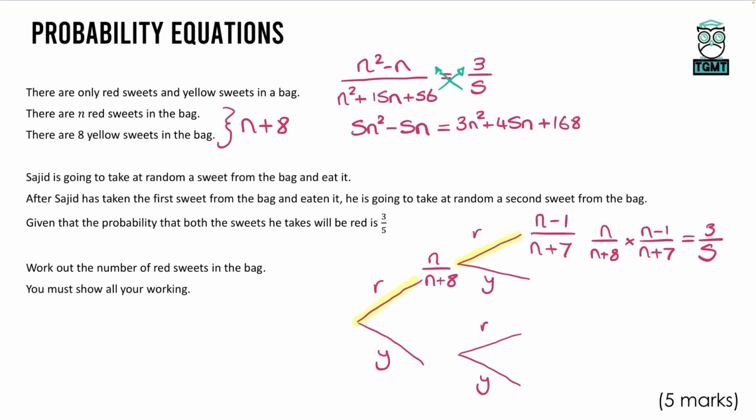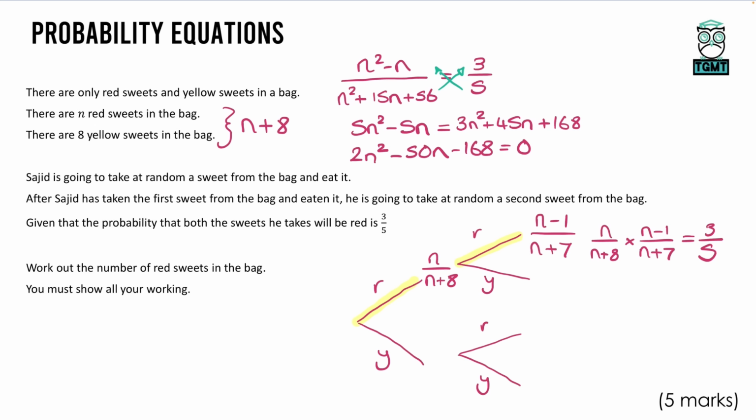So we now have a quadratic equation to solve, and we need to make that equal to 0. So we need to move all those pieces on the right over to the left. So subtracting 3n squared from both sides gives us 2n squared. Subtracting 45n gives us minus 50n. And then minus the 168. And that's equal to 0.